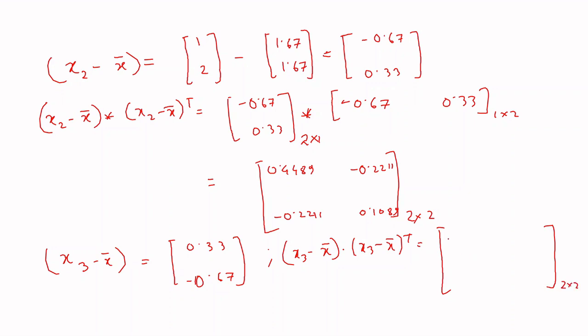The final value here will be 0.1089, then minus 0.2211, then minus 0.2211 and 0.4489. Okay, so these are the three matrix multiplications that we have seen.